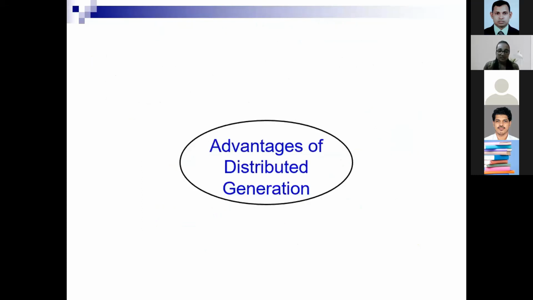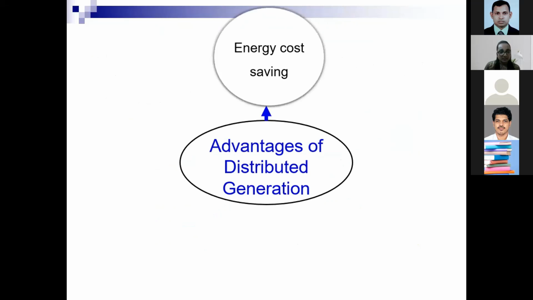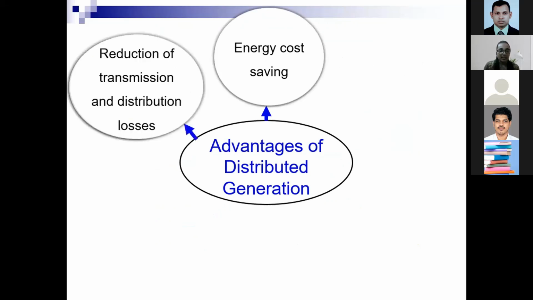Let me mention some of the advantages of distributed generation. Most importantly, distributed generation saves the energy cost by reducing the contribution of centralized power plants. And also, this reduces transmission and distribution losses by producing energy at or near the point of consumption, which is a characteristic of distributed generation.